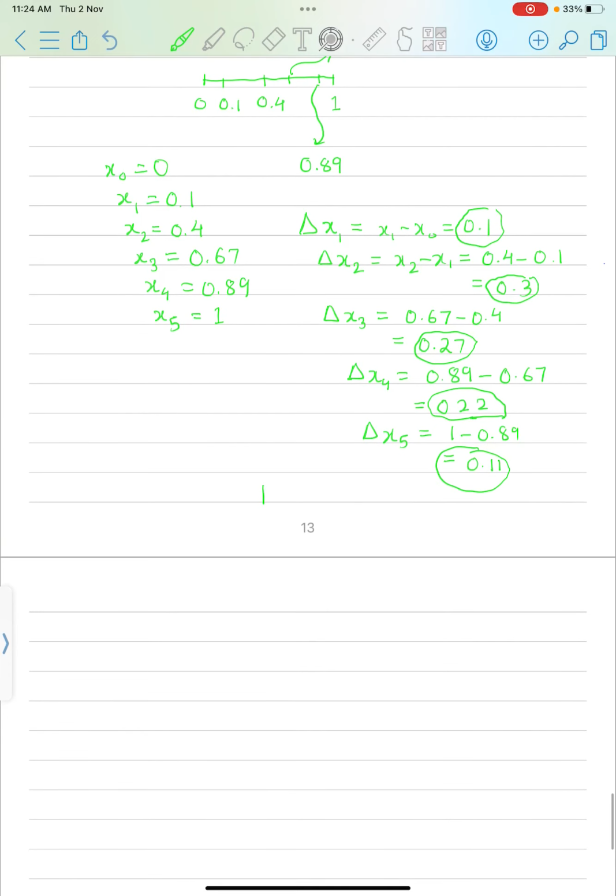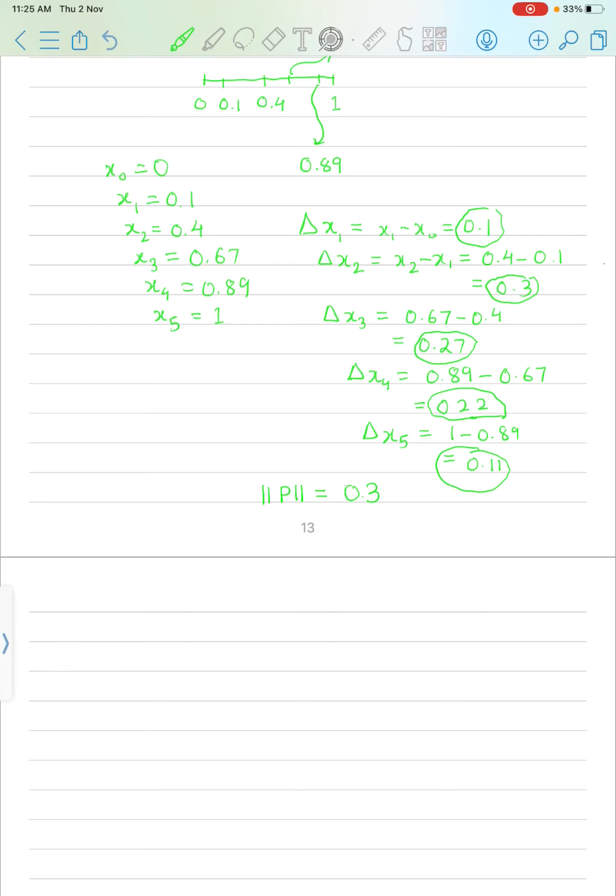So what is the norm of P? It is the maximum of all these, and 0.3 is the maximum one.